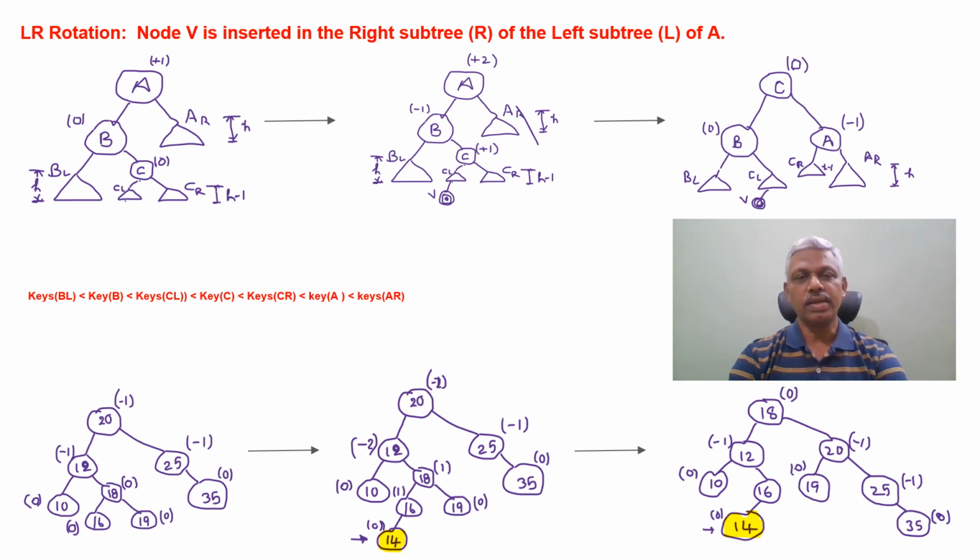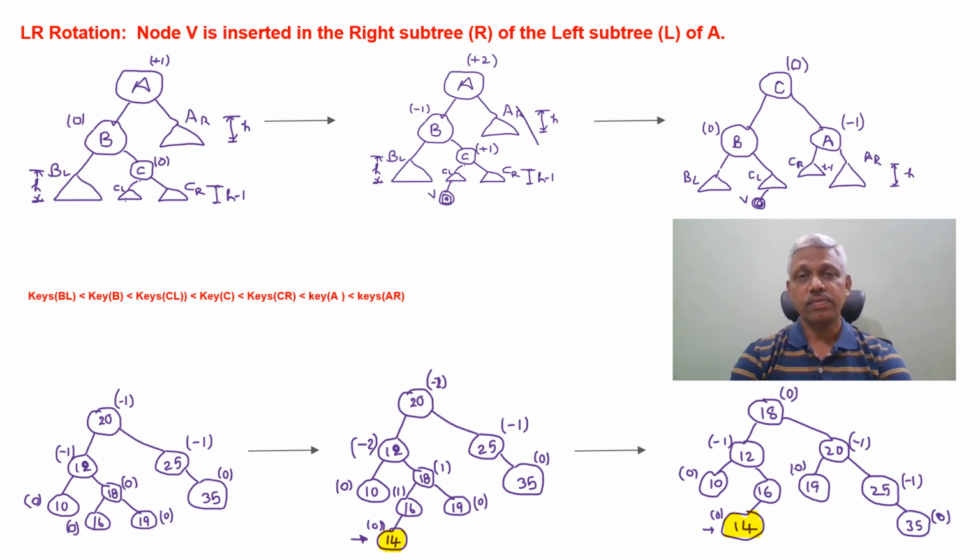If that vertex is added and we recalculate the balance factors, now C has a balance factor of +1 because the length has increased in the left subtree, and again at B, since the vertex is added in the right subtree, balance factor is -1, whereas at A the balance factor is +2. Because CL has height h-1, one more vertex is added, h, then h+1, h+2, h+3 is the length of the longest path, whereas h+1 is the right subtree height, so +2 is the balance factor.